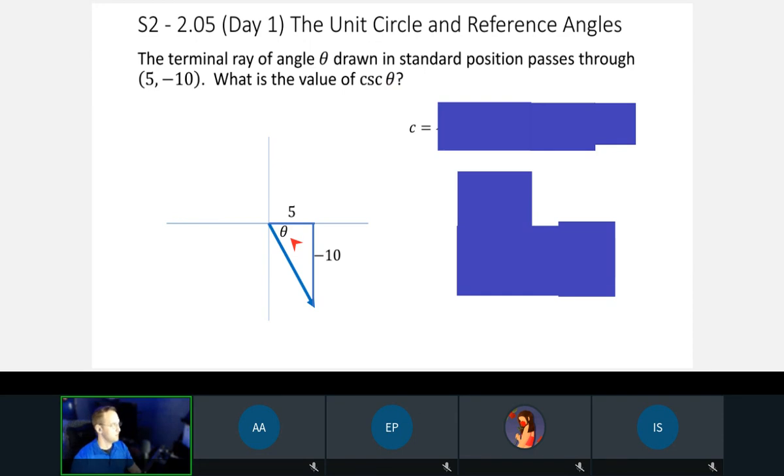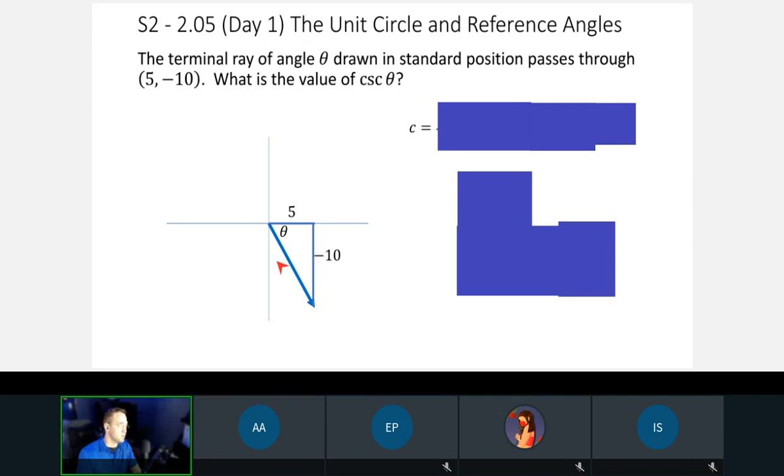Now we reviewed on the previous page that cosecant is hypotenuse over opposite, and you can check out your identity work, or I guess the formula sheet that I made up for all of you that hopefully all of you still have printed. And you can look at that. Cosecant is hypotenuse over opposite. So you need to solve for the hypotenuse by using the Pythagorean theorem, right? a squared plus b squared equals c squared.